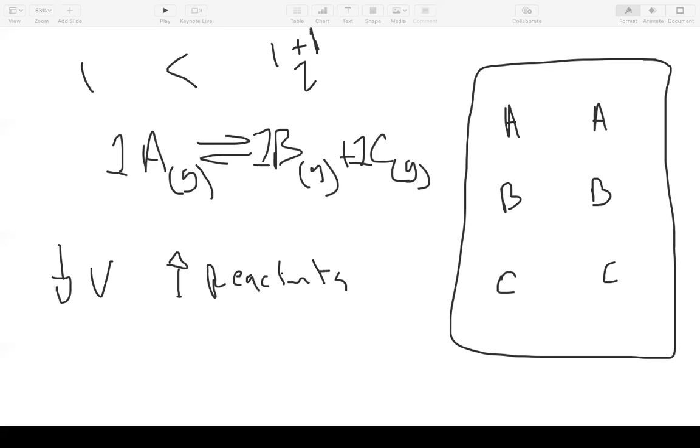We can think it through. If we were to cut the volume in half, or decrease it by any amount, really.